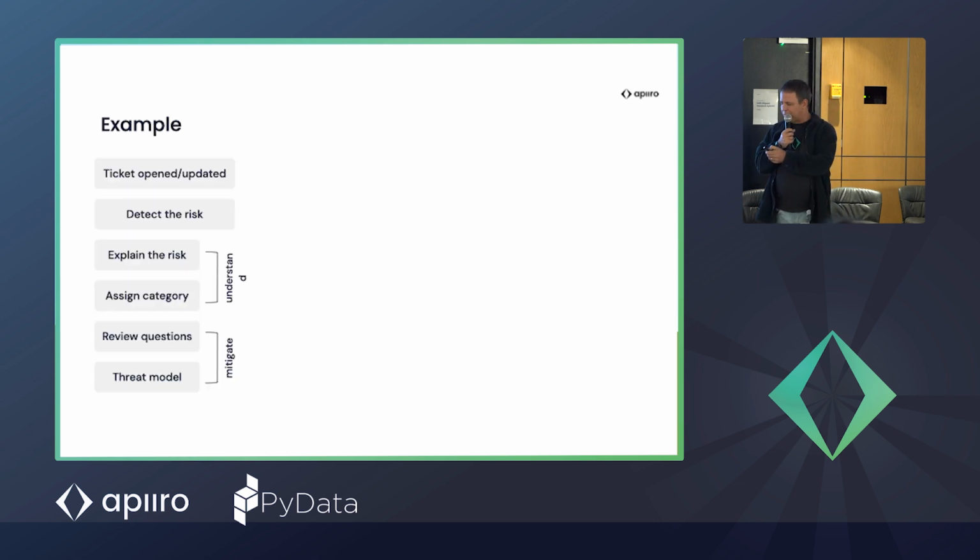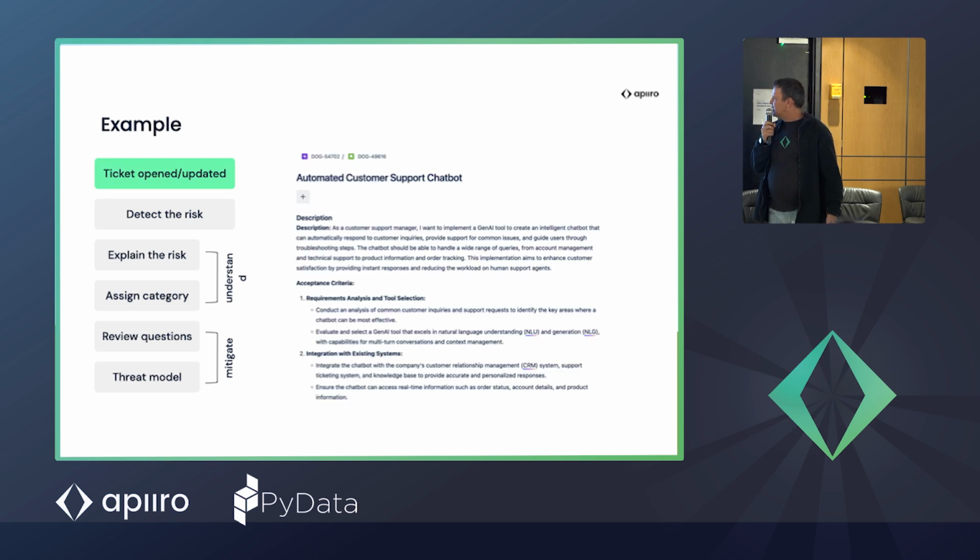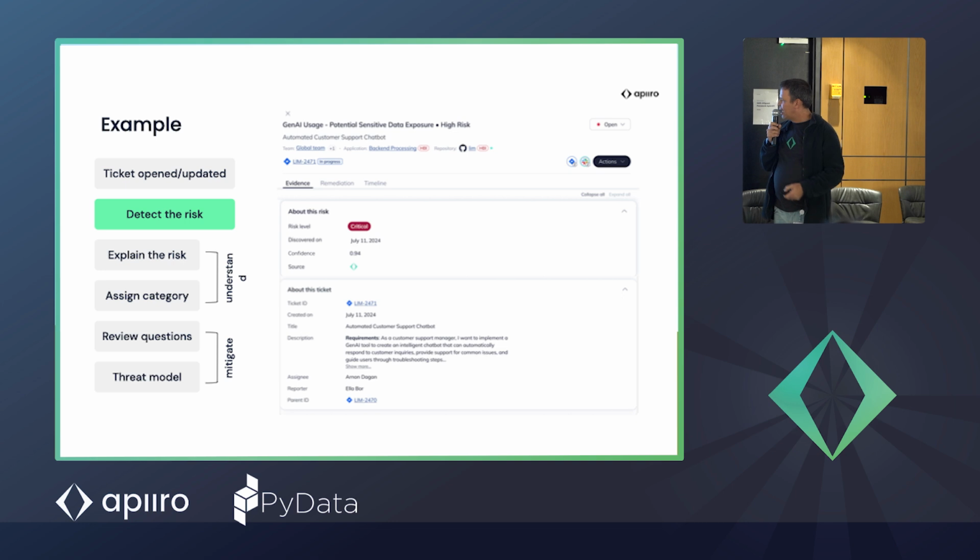So here is the example. This is a Jira ticket regarding an automated customer support chatbot. This ticket, as I said, first goes through our classifier. The classifier found it risky.